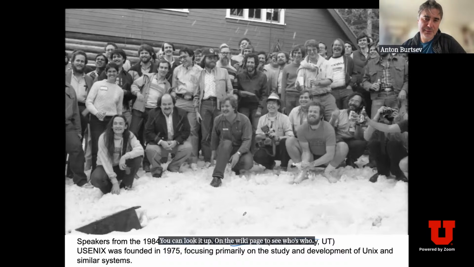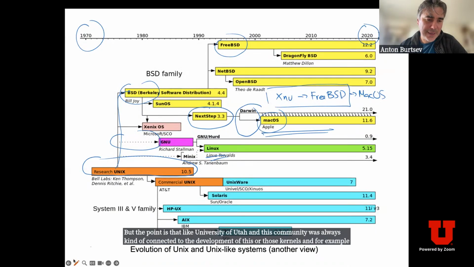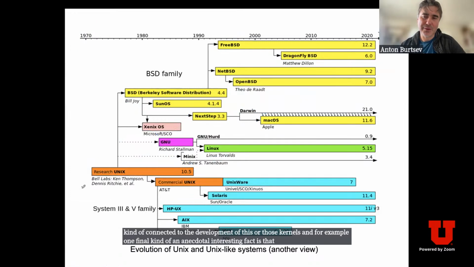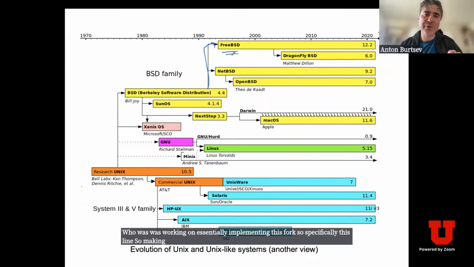But the point is that the University of Utah and this community was always connected to the development of all those kernels. One final anecdotal interesting fact is that there's a person who sits in the Merrill Engineering building who was working on implementing this fork, specifically this line, making sure that BSD is free from this proprietary software. The person's name is Mike Hibler, and he's a great kernel hacker.